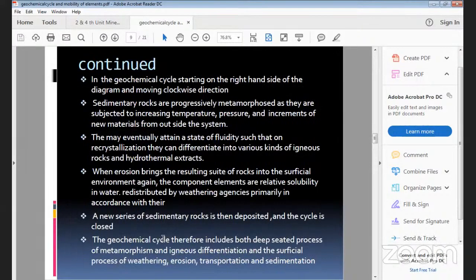So in the geochemical cycle, we have seen the right side of this diagram. It's moving in the clockwise direction.